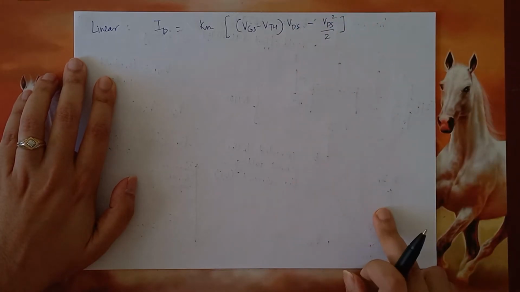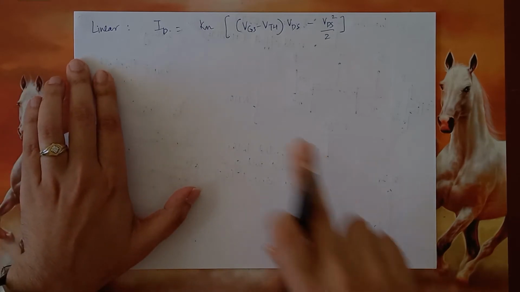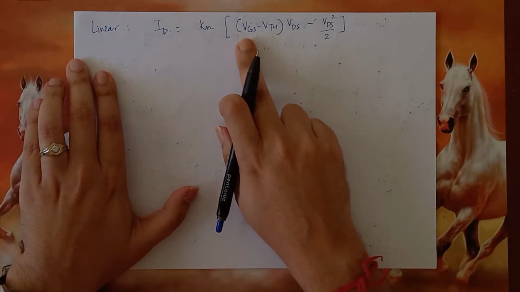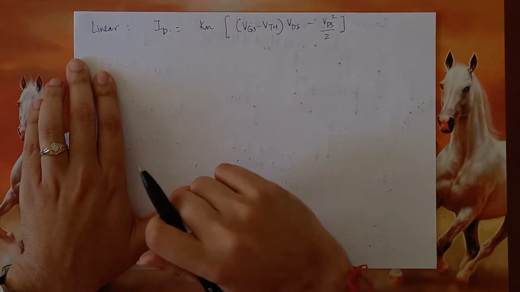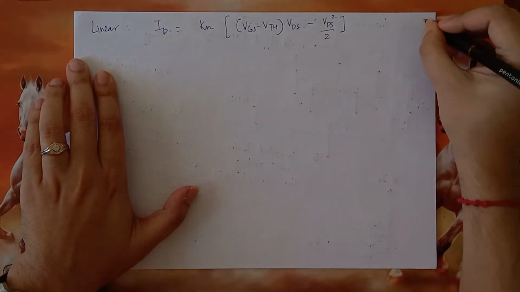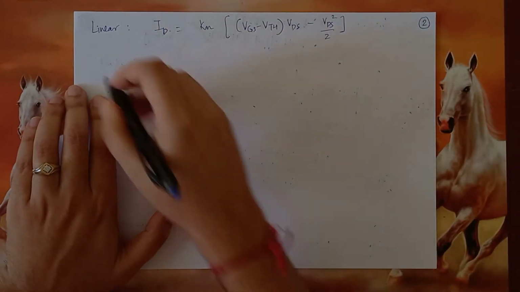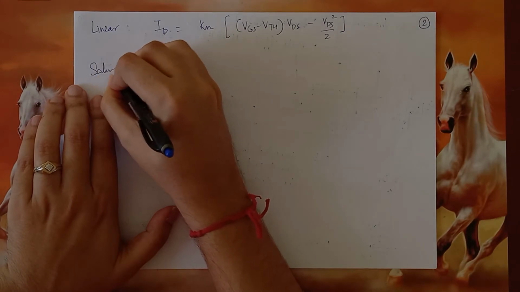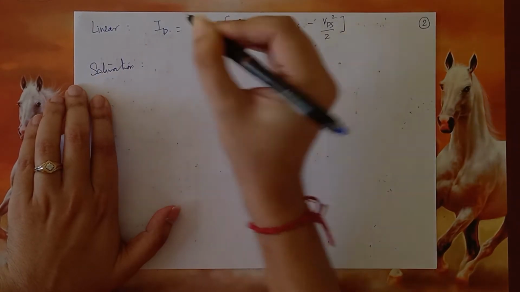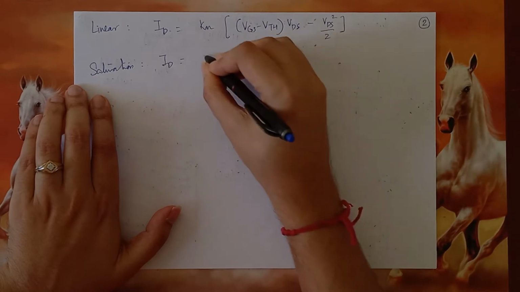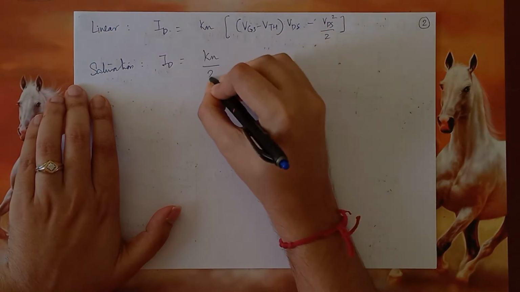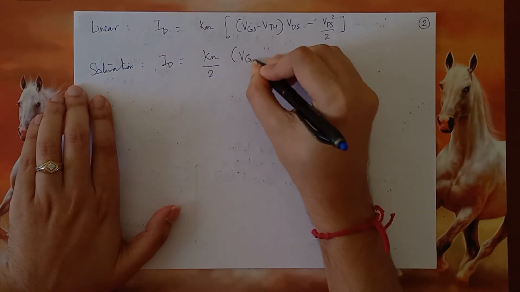As you can see, ID depends linearly on VGS and quadratically on VDS. And in the saturation region, in the ideal case, there is no dependency on VDS. So therefore, it looks like this.